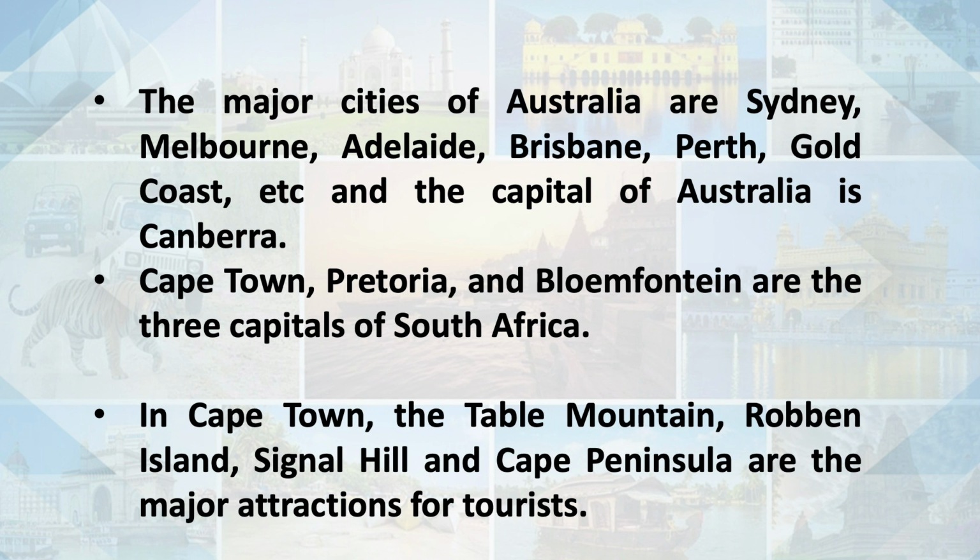So far as South Africa is concerned, there are 3 important capitals: Cape Town, Pretoria, and Bloemfontein. In Cape Town, Table Mountain, Robben Island, Signal Hill, and the Cape Peninsula are the major attractions for tourists. The sight of hippos in the Limpopo River and penguins wading on the Cape attract visitors to the country.